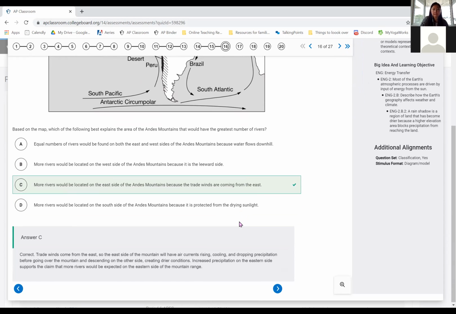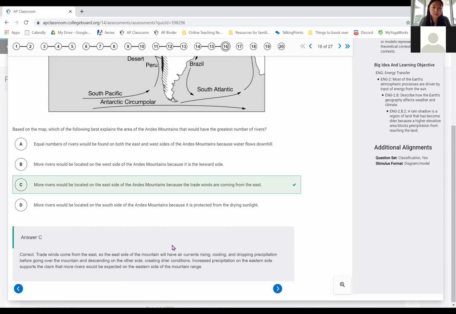Let me just read through the answers. Okay, so I guess it's about the reasons which areas would have more rivers.